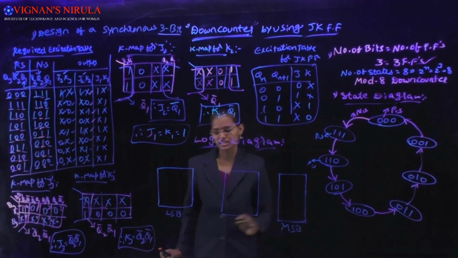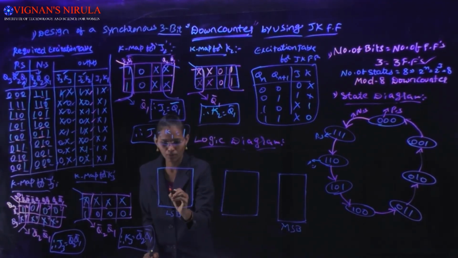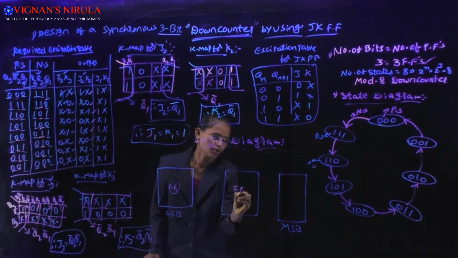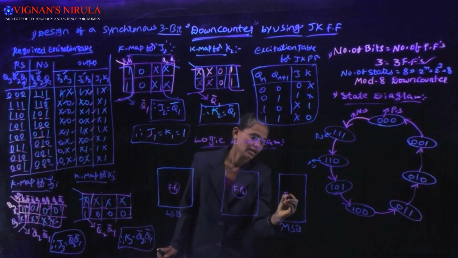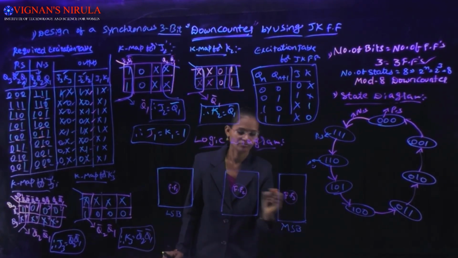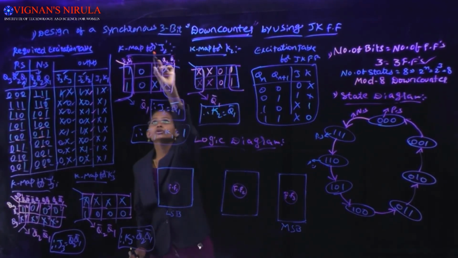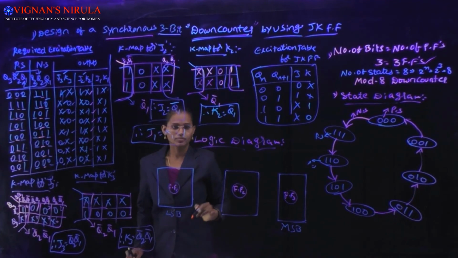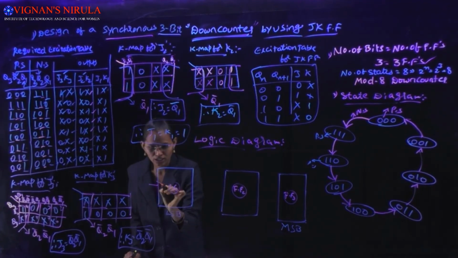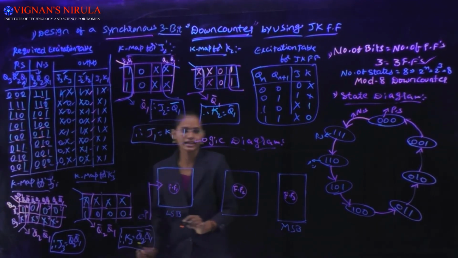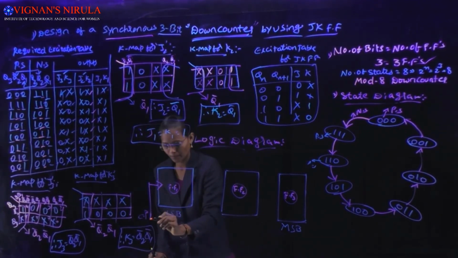Last flip-flop is considering MSB bit flip-flop. This is flip-flop 1, flip-flop 2, and this is flip-flop 3. Okay, this is synchronous counter. So we are using the same clock pulse. CP indicates the same clock pulse.